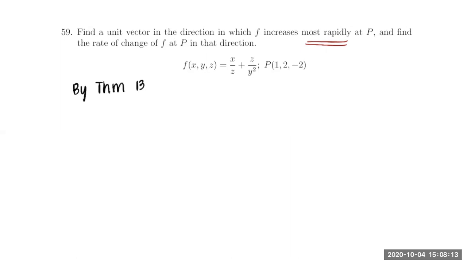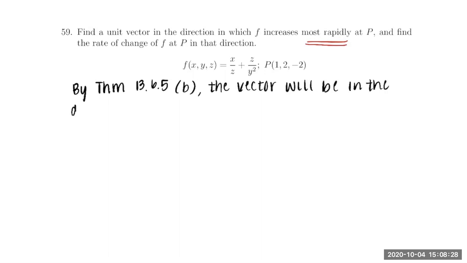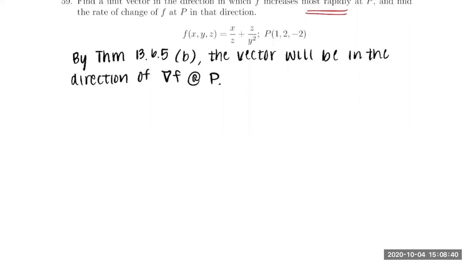By theorem 13.6.5, specifically part B, the vector will be in the direction of gradient f at point P. All right, so to begin, let's go ahead and compute the gradient of f.